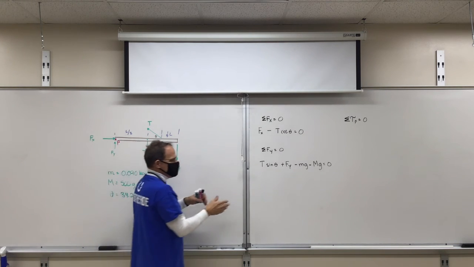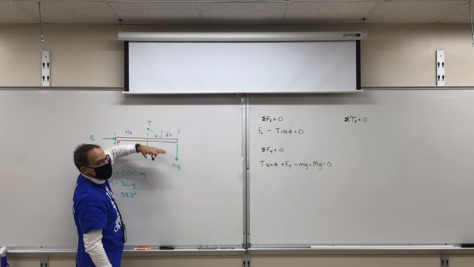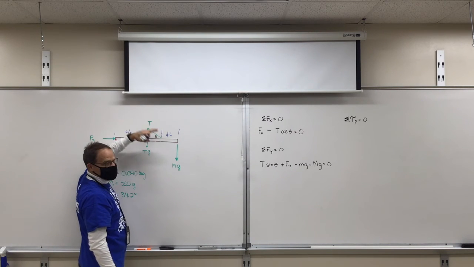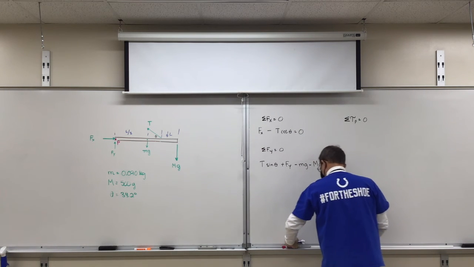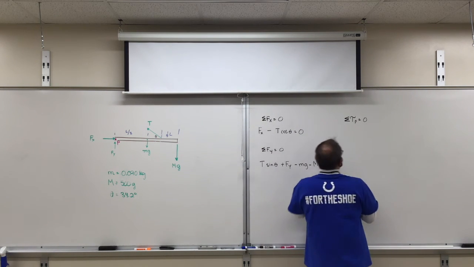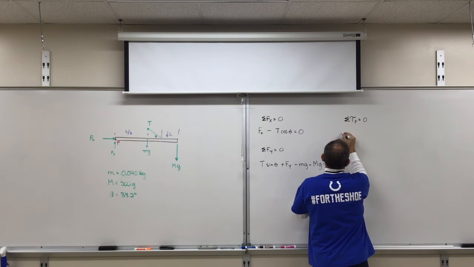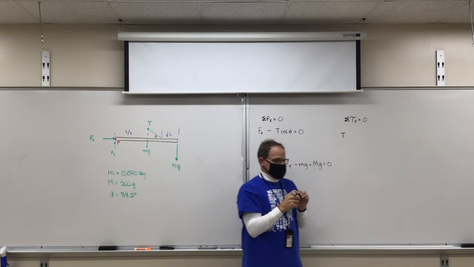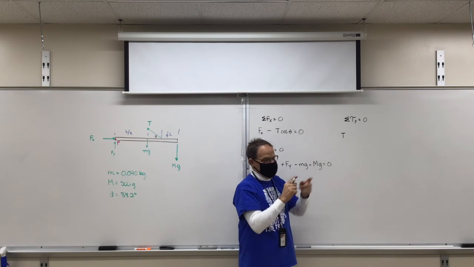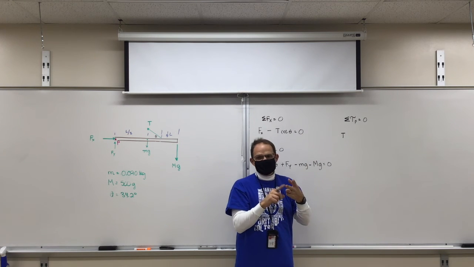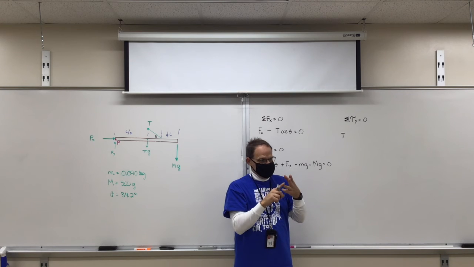What causes a positive torque? What tends to rotate that bar in a positive direction? The tension. So the first torque is going to be due to the tension. Now, here's where it gets a little tricky. Forces are just forces. The torques are forces times the distance they act times the sine of the angle between them, right?